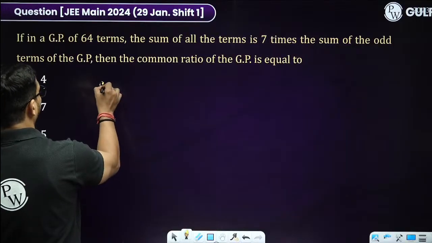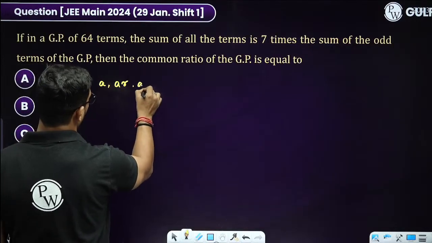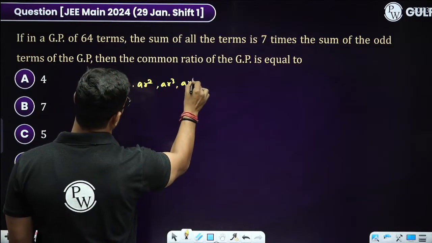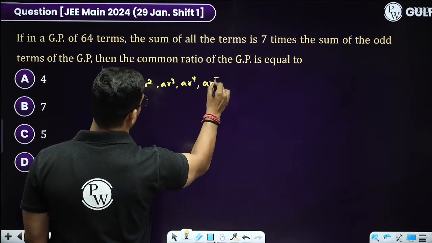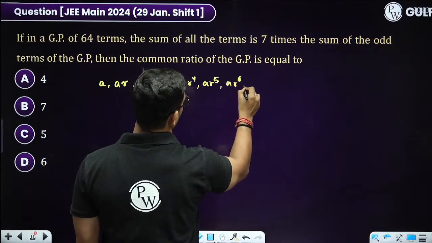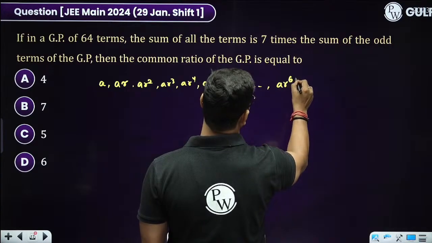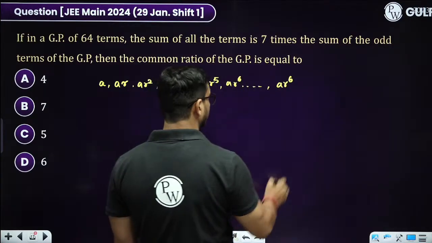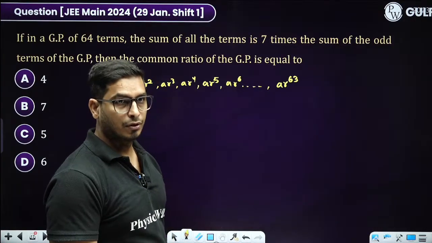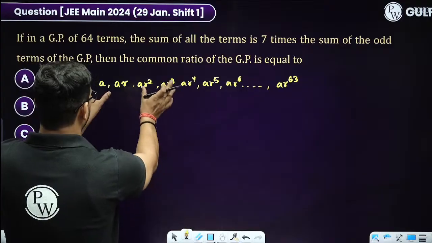See, we have a, ar, ar square, ar cube, ar to the power 4, ar to the power 5, ar to the power 6, and so on. Last is ar to the power 63. N minus 1 means 63. Correct? Now, they are saying its sum.